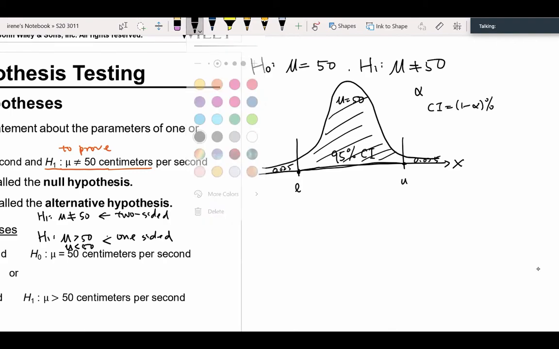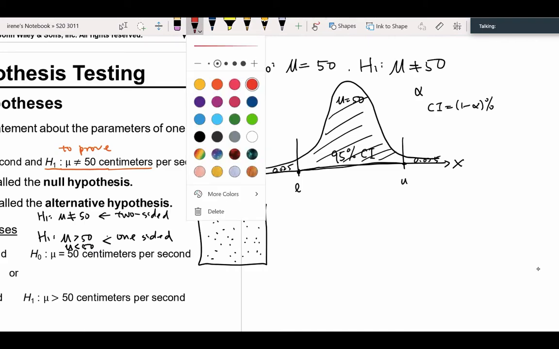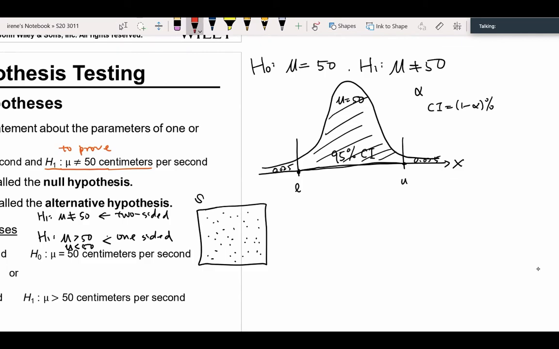So let's do this. I start designing my experiment, and here's my sample space. I have a few data points in my sample space. After we perform experiments, we've collected a few data points randomly and calculate that sample average. I'm going to call this sample average 1.